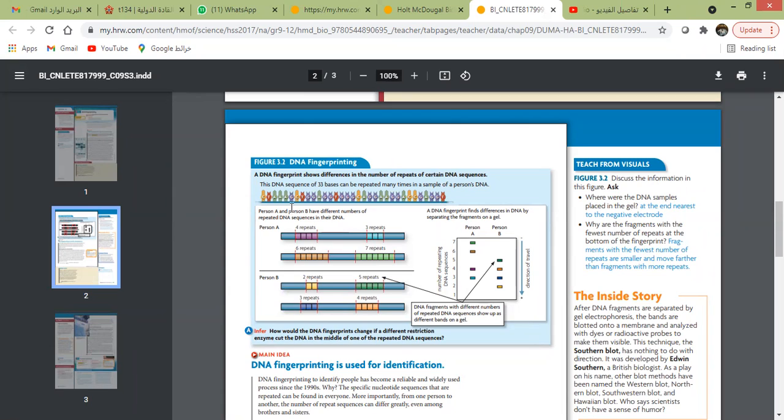You can find these 33 nucleotides in many repeats.